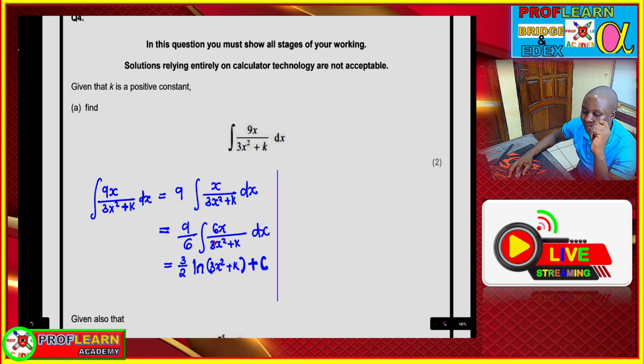So if I differentiate this part, I'm going to have 6x. So I must have also a 6x at the top. That's why you can see it here, right? Now, since this 6x was not there, I've introduced it, I have to put a factor outside there, so that if I bring it in, it's going to cancel this and that.